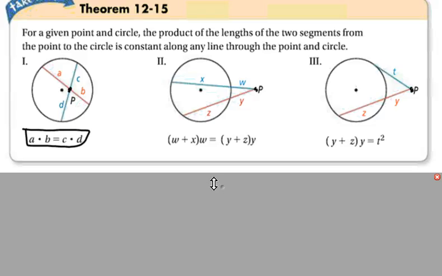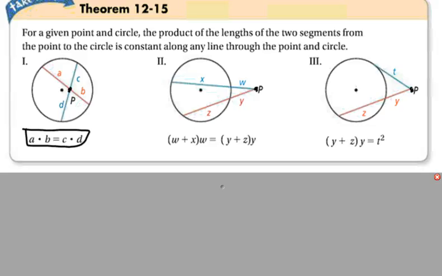The second one, if you're dealing with two secant lines, because they both intersect at two parts of the circle, but they intersect outside of the circle, would be that W plus X, two parts of that blue line, times the outside part, the W, would be equal to the red one, Y plus Z times Y, which is the outside one.